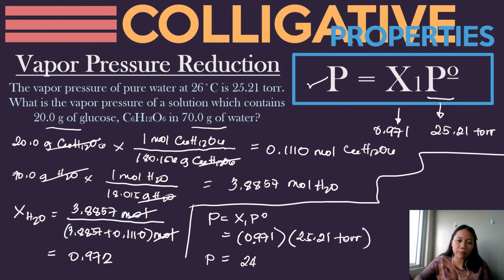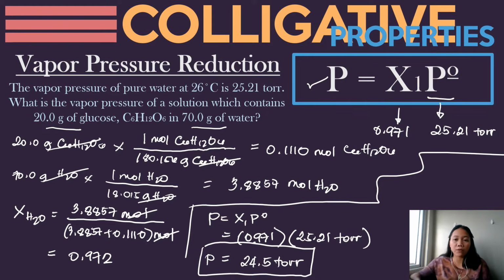to 24.5 torr. That means that the vapor pressure of your water, if you're going to add the non-volatile solute in the solvent already, then that would be 24.5. As you can see, from 25.21, naging 24.5 torr na lang siya.